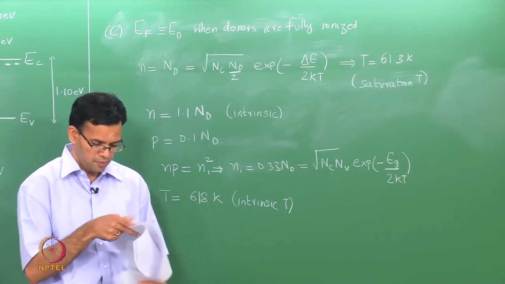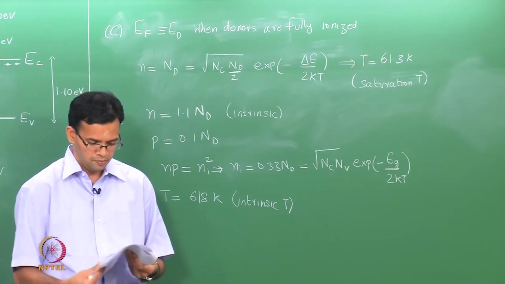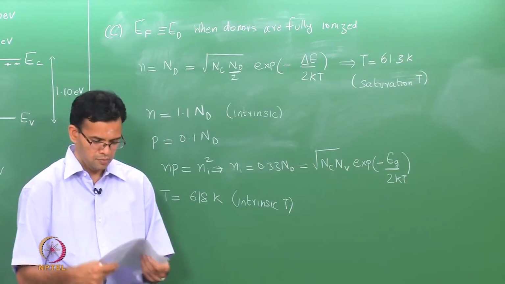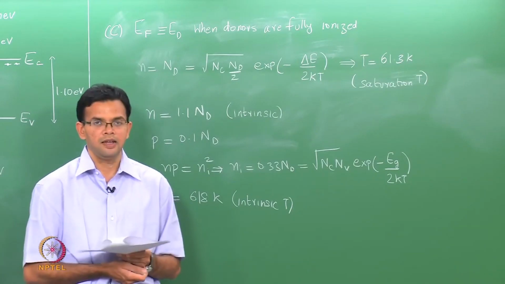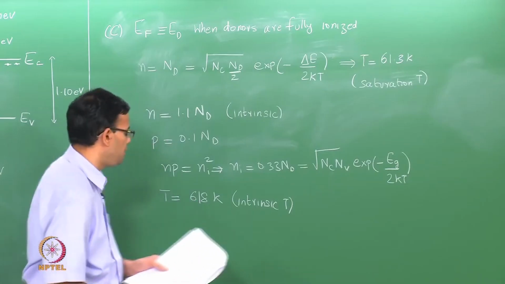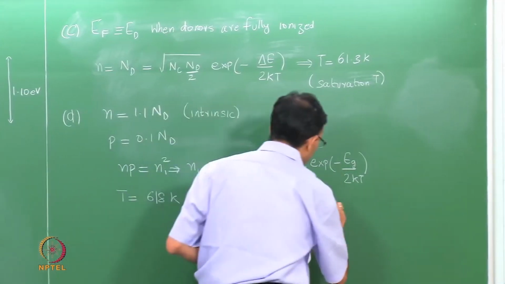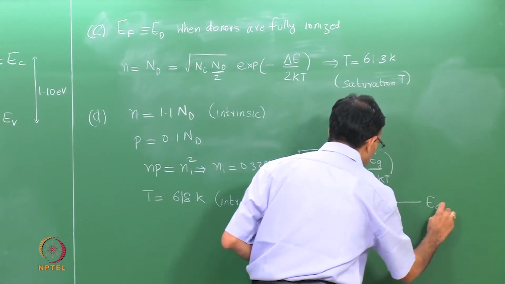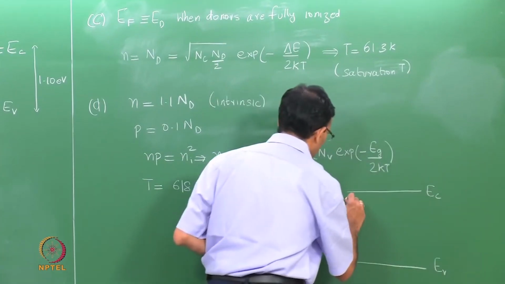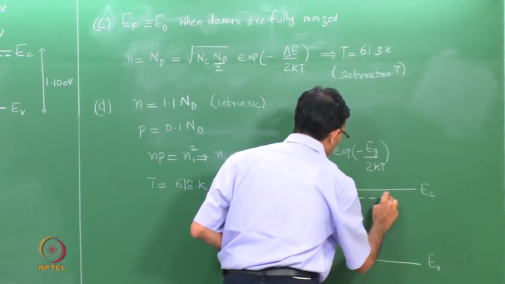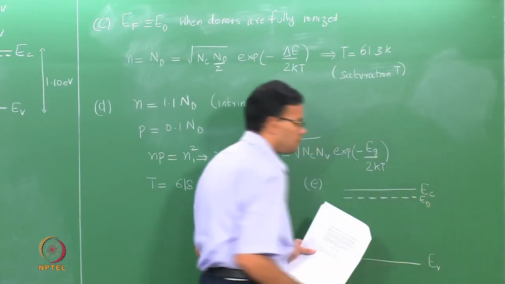Part E, you are asked to sketch a schematic. In part E, sketch schematically the change in Fermi level with temperature. Let me just draw it here. This is your conduction band Ec, this is the valence band Ev, these are my donor levels Ed.